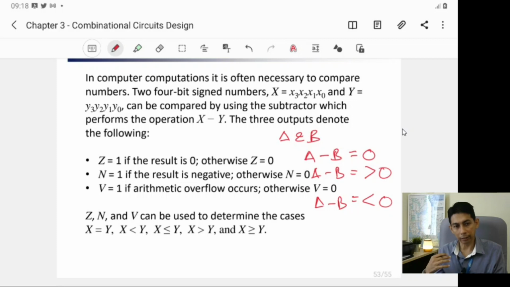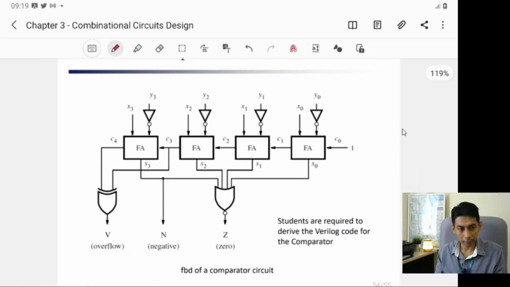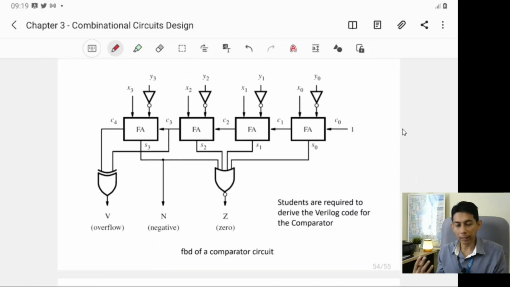So if the result is 0, A equals B. If the result is positive, A is greater than B. If the result is negative, A is less than B. So you see, with one circuit, the adder, you can have the adder, and you can have the subtractor using the same adder, and now you can have a comparator also using the same circuit. So we can have something like this to create a comparator.